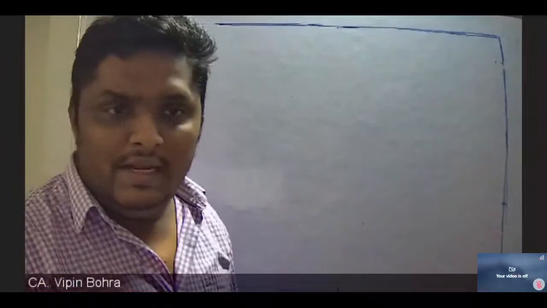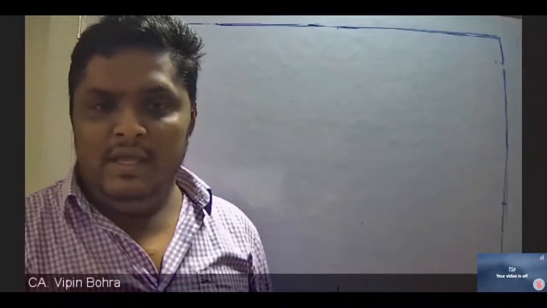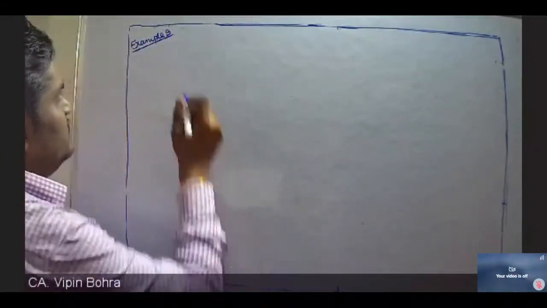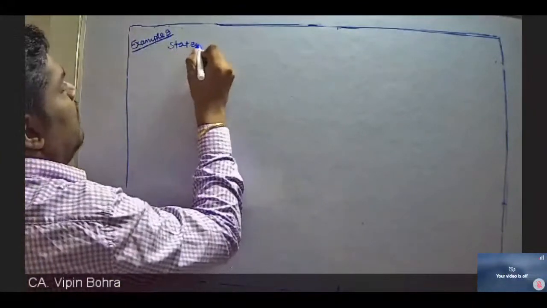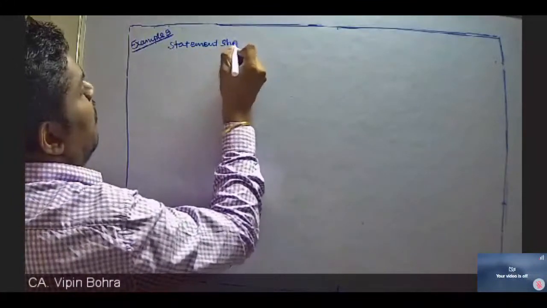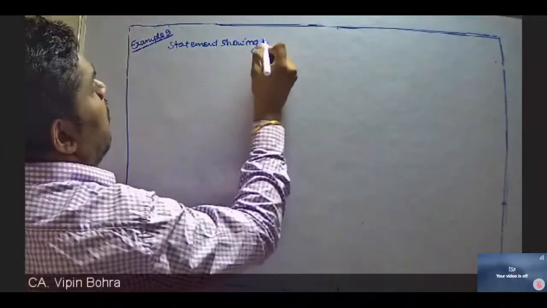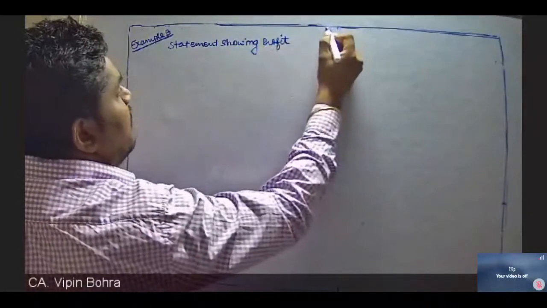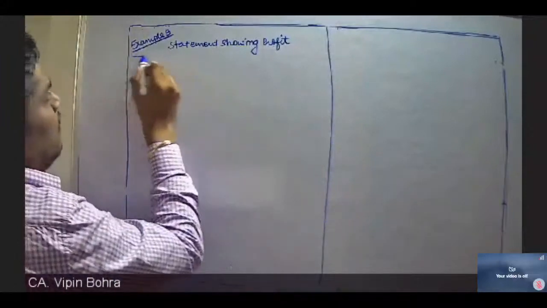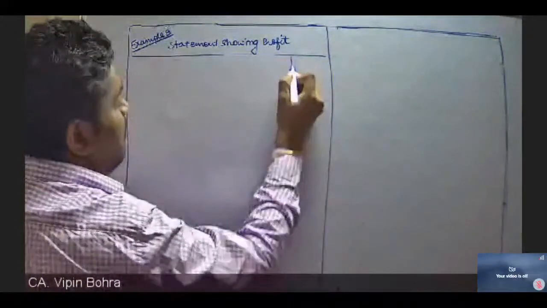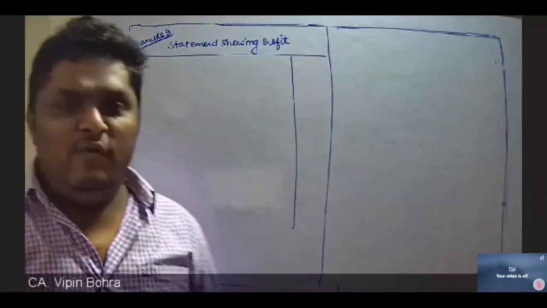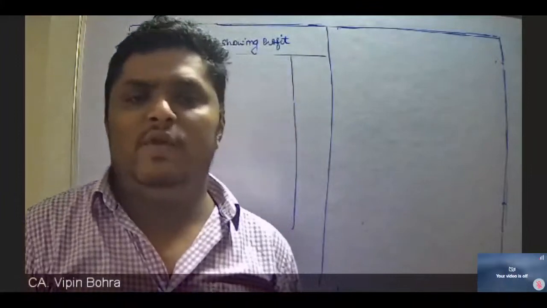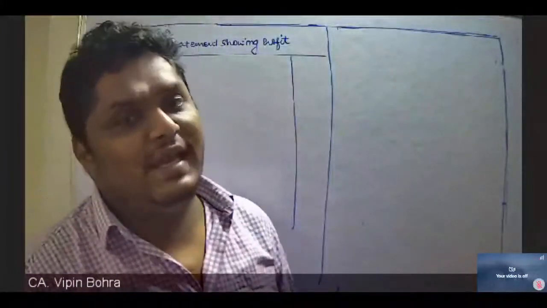What they are asking: calculate the profit per patient if the hospital recovers on an average 2,000 per day from each patient. So, statement showing profit. Now, before starting with the statement, since the revenue is given as 2,000 per day from each patient, we have to first calculate the room days.